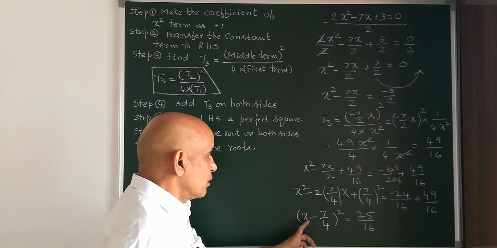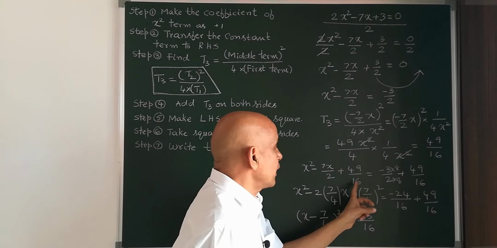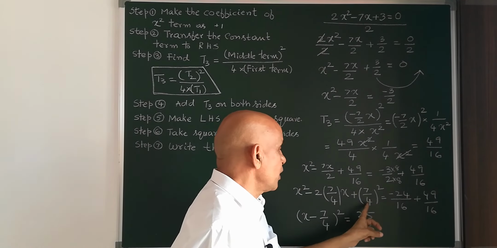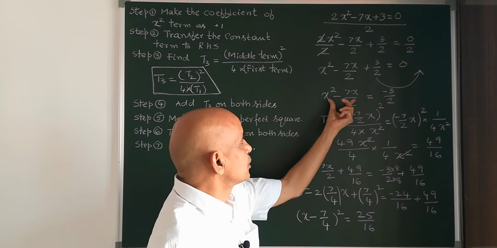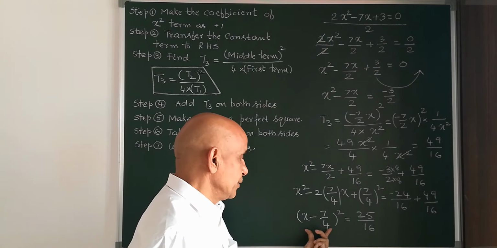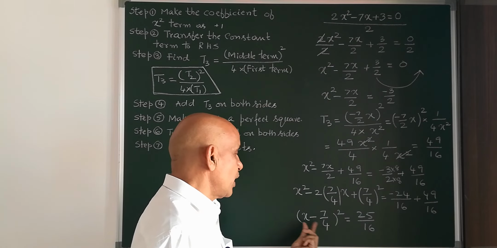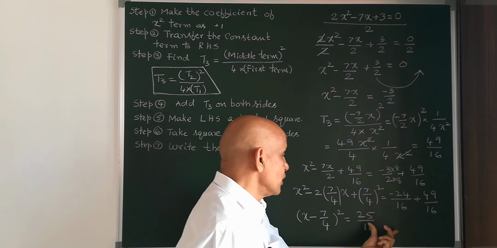By adding this 49 by 16, which is 7 by 4 whole square, on both sides, this incomplete square we have completed. Now by taking this a minus b whole square, we will solve this.